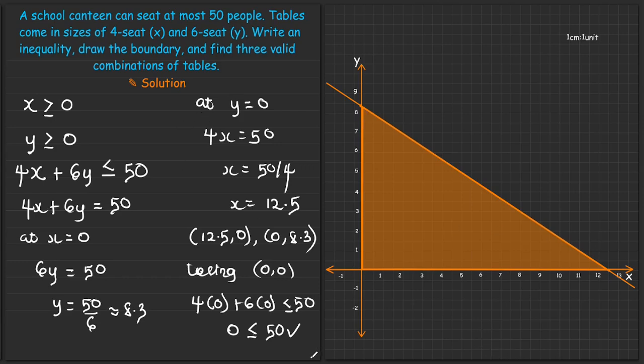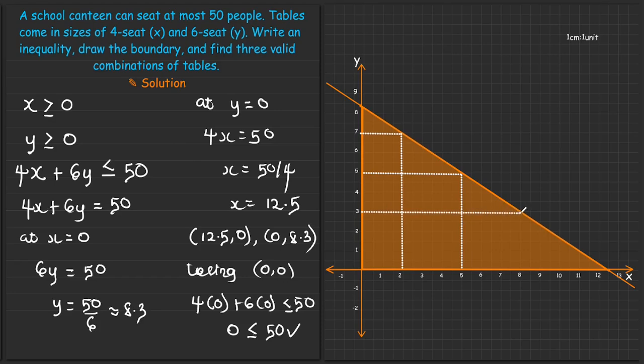And by so, I mean points such as 7, 2. So this is our 7, you see, and it links to 2. Then we have points also such as 5, 5. So we have 5, 5 that touches the line. And then there is a 3, 8. And then finally, there is a 1, 11.